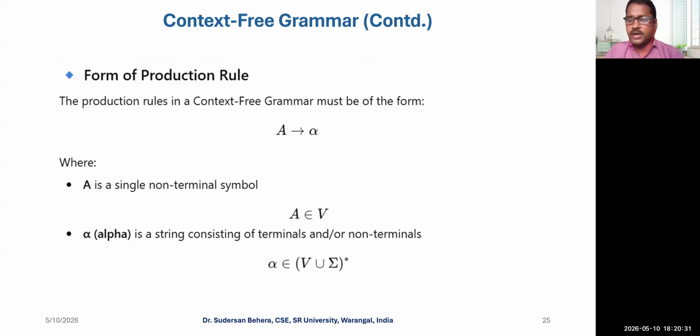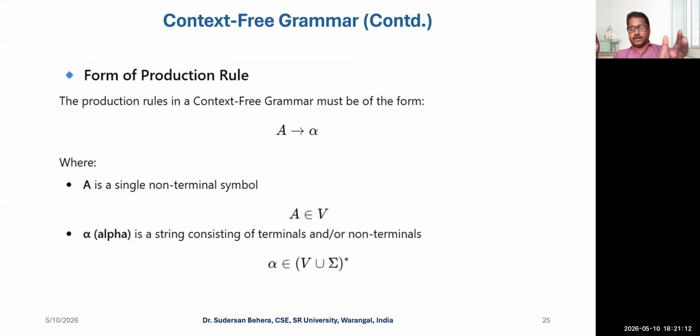It can be a single non-terminal, or one terminal followed by one non-terminal, or one terminal followed by two non-terminals, or two terminals followed by one non-terminal, or any random combination of them, with no ordering, going up to length n. Is that clear? So A derives alpha, where A must be single and must be a non-terminal in the left hand side, and alpha can be anything in the right hand side.